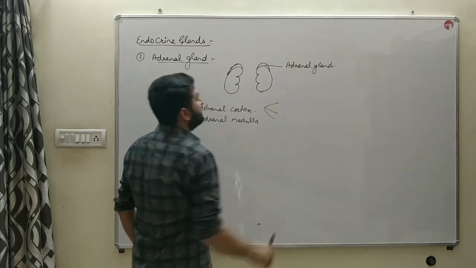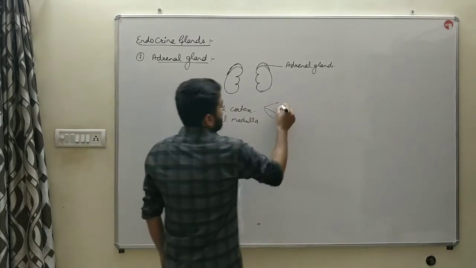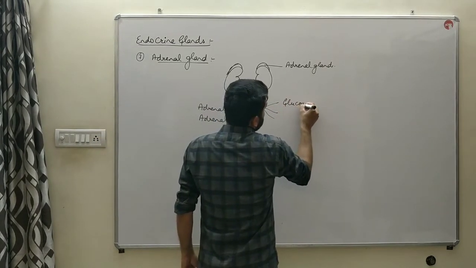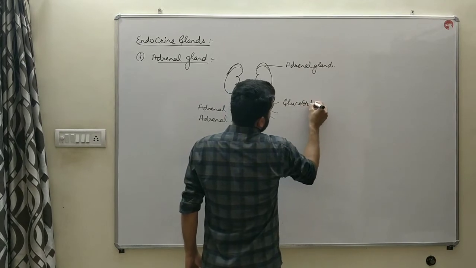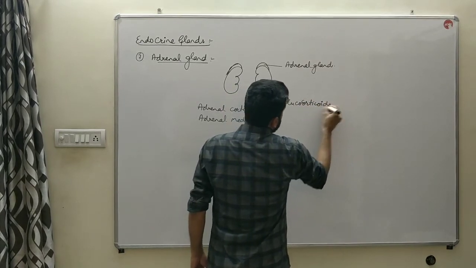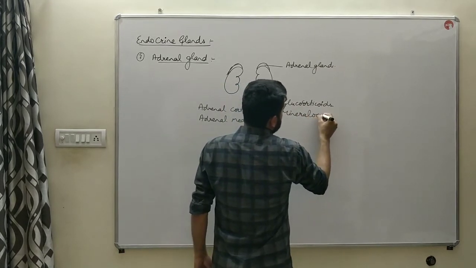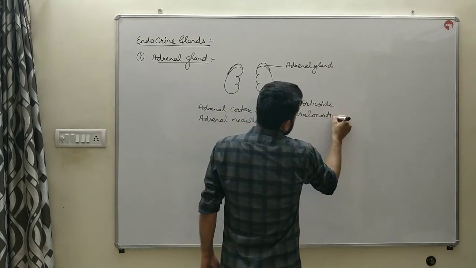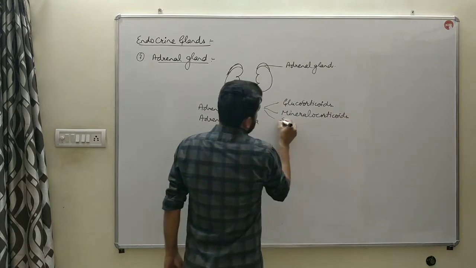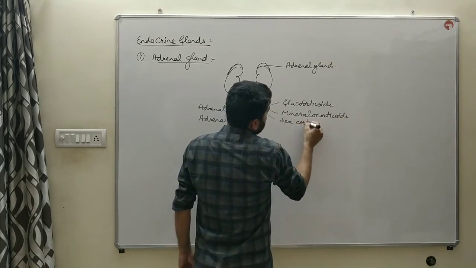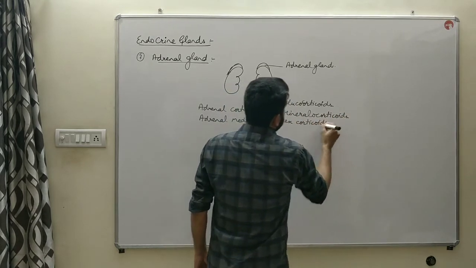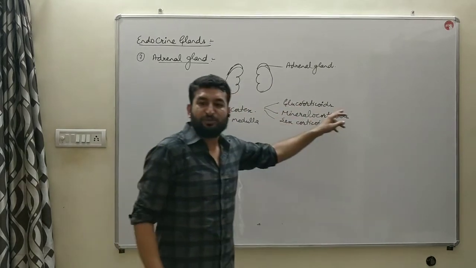Adrenal cortex releases three hormones: glucocorticoids, mineralocorticoids, and the last ones are sex corticoids. These control the metabolism of carbohydrates.